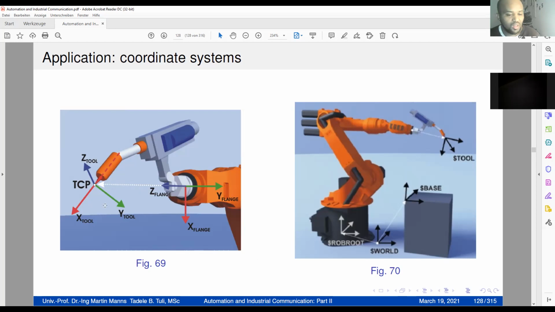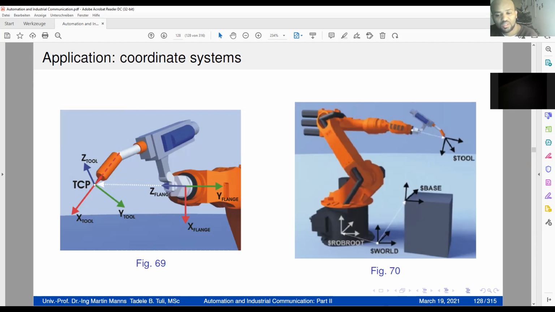Yeah. We have a flange. A flange is where you connect the gripper and the robot systems together. And a world is a world. It is where you define your world coordinate system, which is a ground truth, where you refer your system.